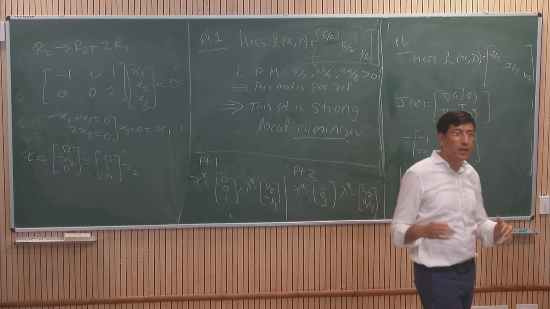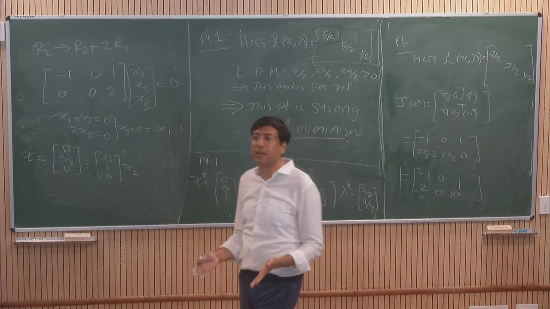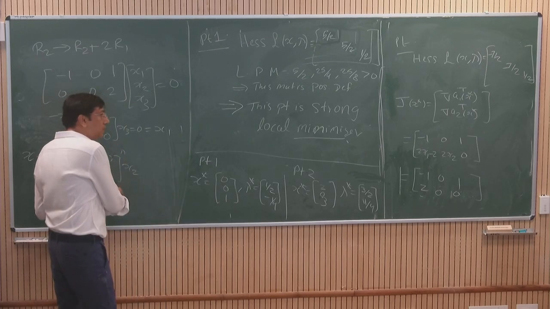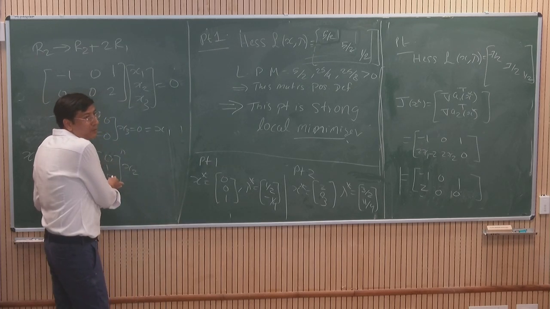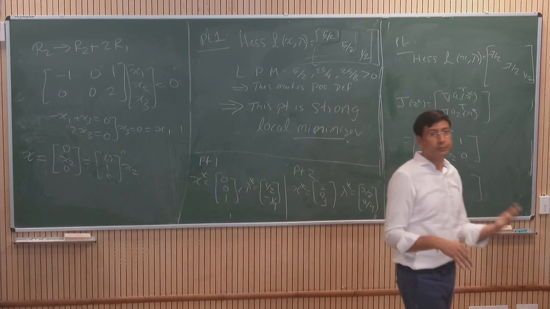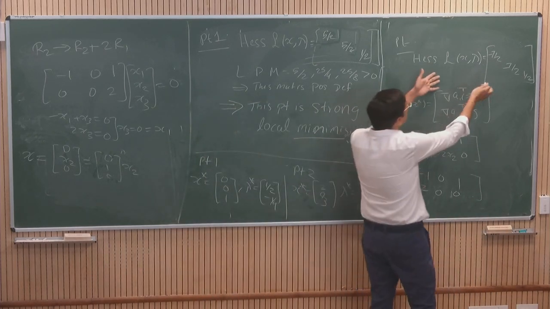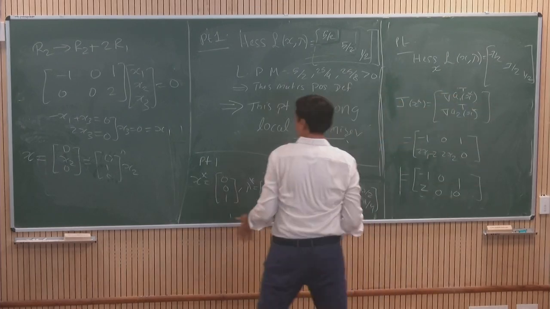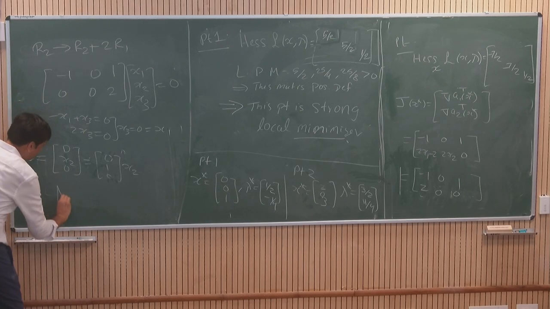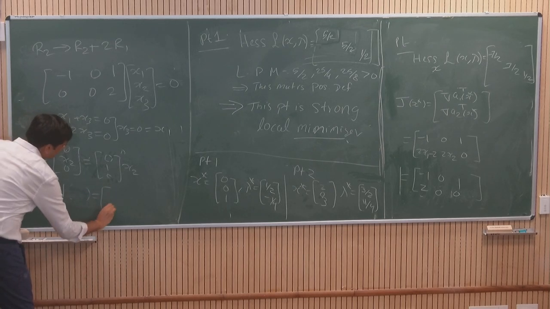Every vector in that space can be written as a linear combination of it, and the vectors themselves are linearly independent. It is a single vector, so it's linearly independent. Does it span the whole space, meaning any vector in the space can be written as a linear combination? Yes, because x2 could be anything, and every time it will be the null space. Correct? So now what do we have to do? We have to check the positive semi-definiteness or positive definiteness of this guy on this space, the basis vector. So my n, which I was writing earlier, will be defined as 0, 1, 0.